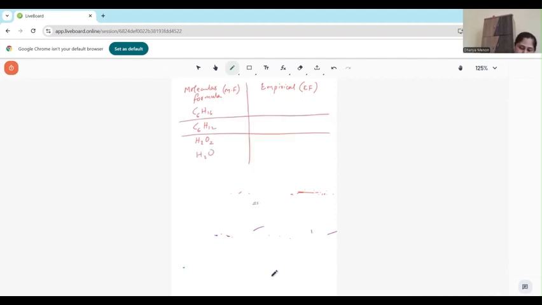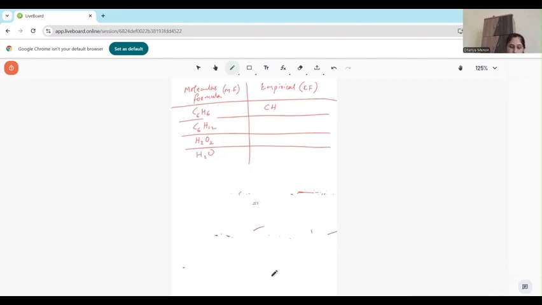So C6H6 means there are 6 carbon atoms and 6 hydrogen atoms, the actual number of atoms present in the molecule. So what will be the simplified version? That will be CH.